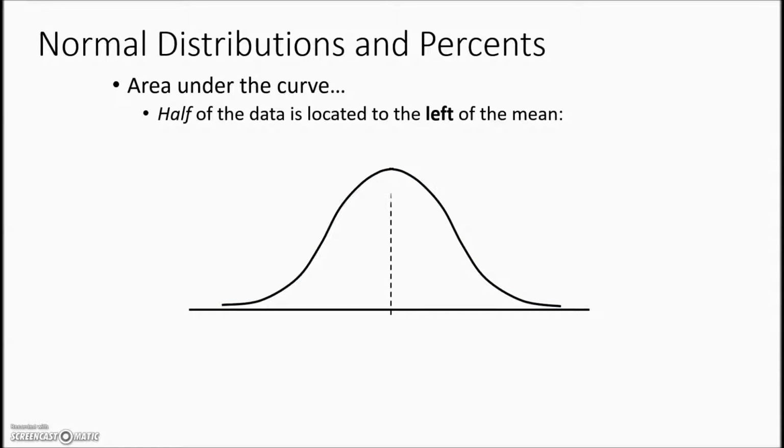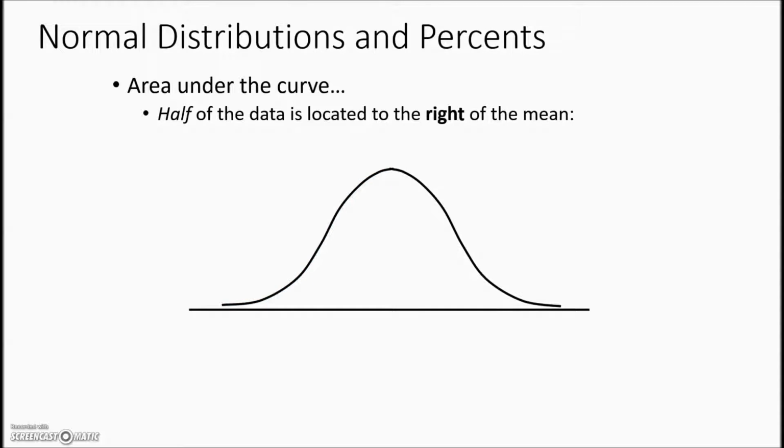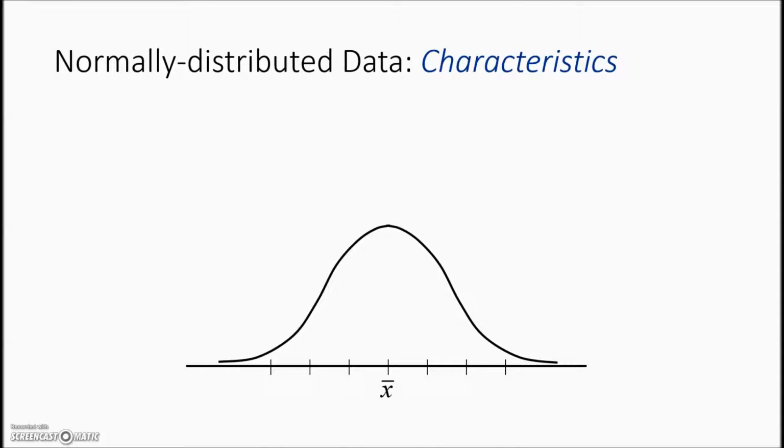If we know the mean is in the middle, that means it's cutting the data in half. Half of 100% is 50%, so half of the data values will be to the left of the mean, and likewise half of the data values will be to the right of the mean. So you can make statements regarding your data knowing where the mean is and knowing that it's normally distributed with regards to 50% of the data.